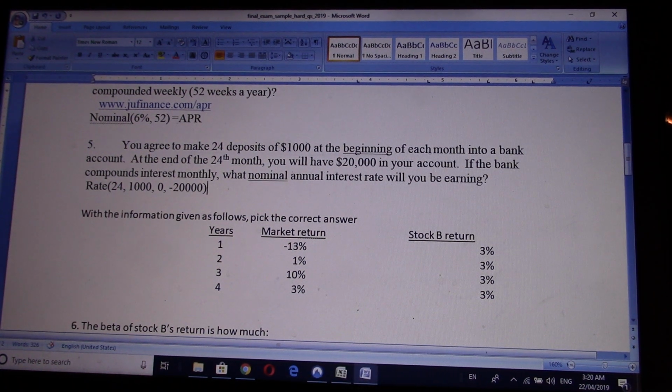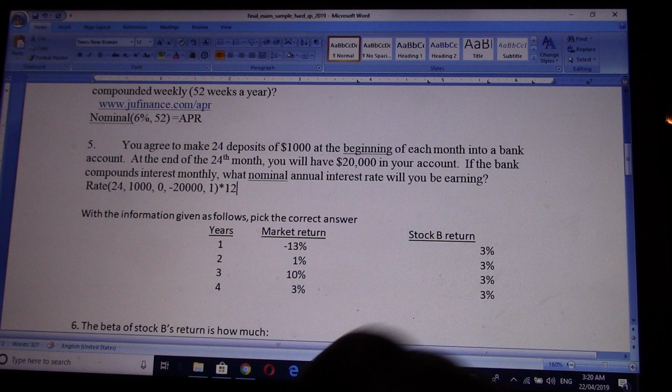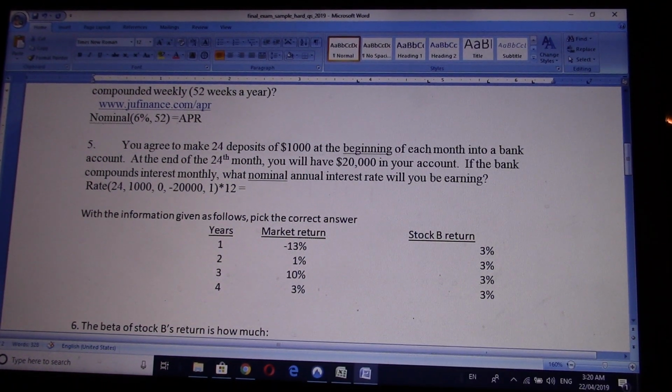So what you get here is the monthly interest rate. Oh yeah, and since it's at the beginning of each month, type has to equal 1. So don't forget this one. And then since what you got is the monthly interest rate, you should multiply by 12. That will be the APR. This is the answer.